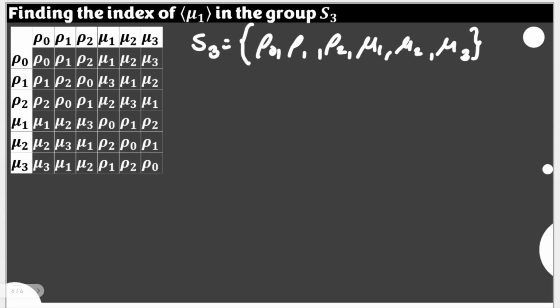Now, for the subgroup generated by mu sub 1, that is where our Cayley table will come in. Let us list here all the elements pertaining to that. Of course, you will start with mu sub 1, right?